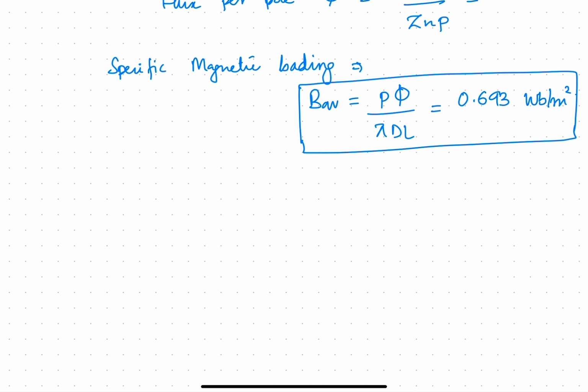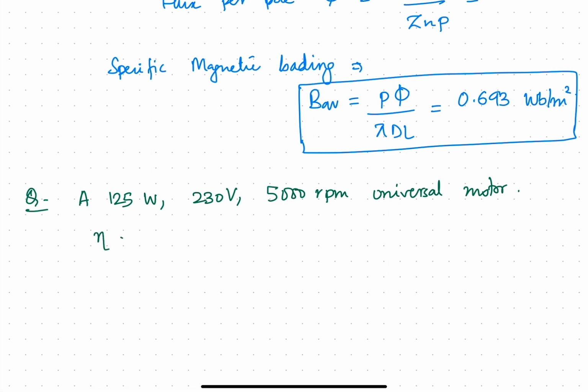Moving on, let's try another problem. You have a 125 watt 230 volt 5000 rpm universal motor. It has a full load efficiency of 50%.